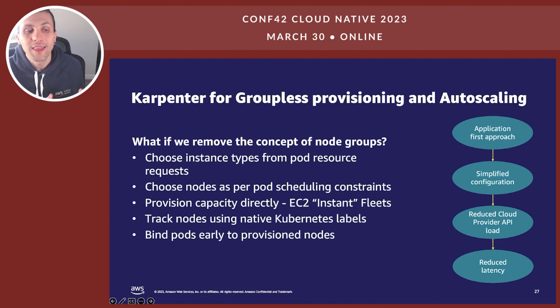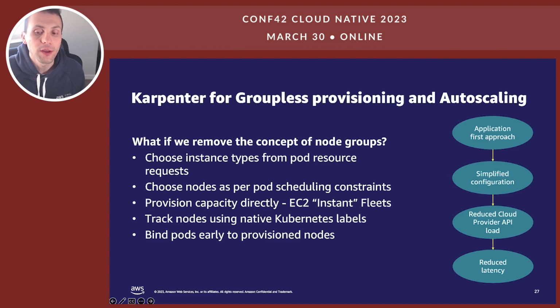And you also bind it. So this is a specific one. It binds the pod early to the node because it doesn't need to wait for the Cluster Autoscaler to make any decision like it was before. While it's actually creating the node behind the scenes, the kube scheduler is already downloading everything that it needs to, and the node becomes ready.